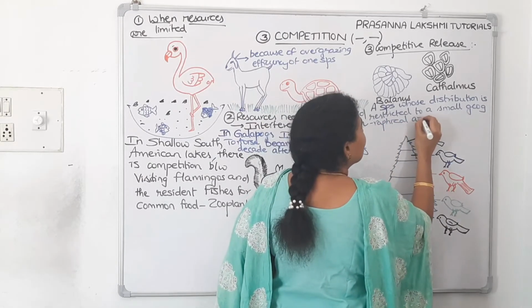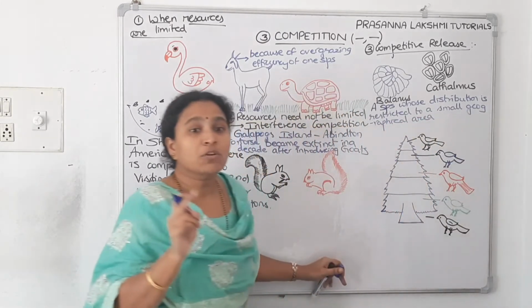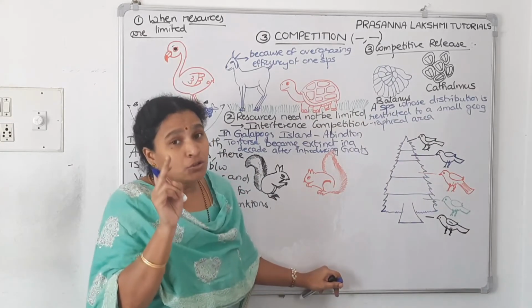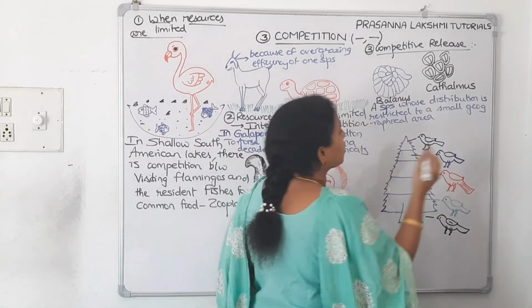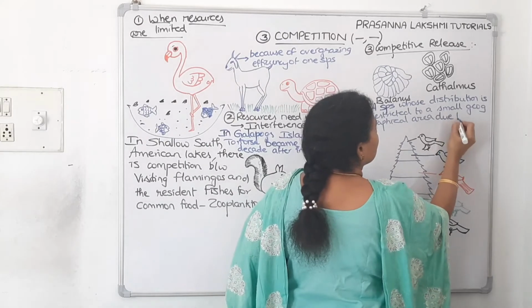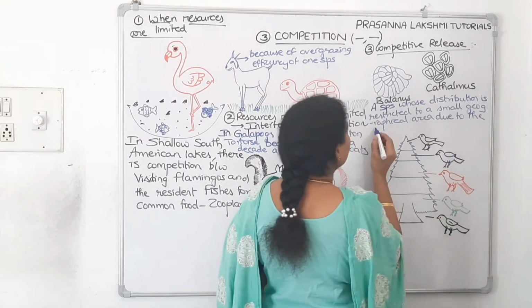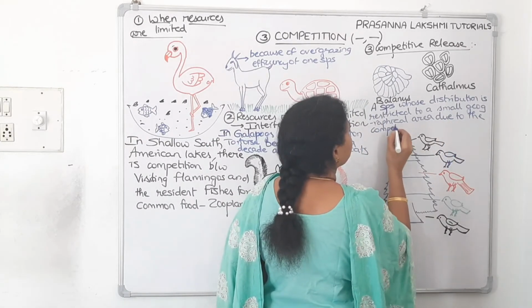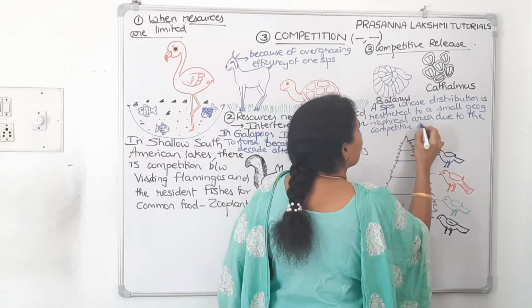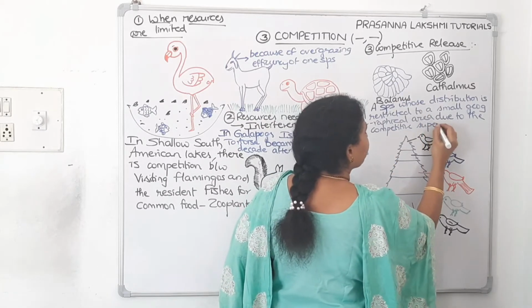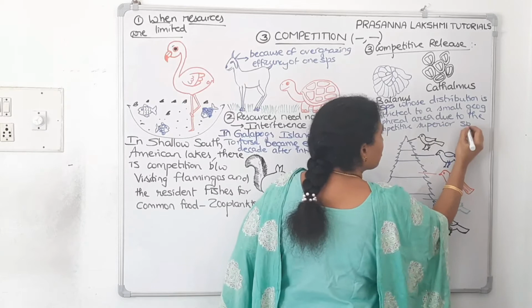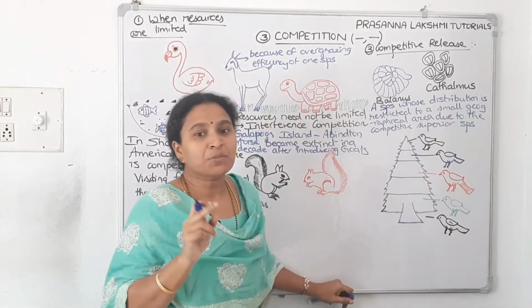So Catalamus species is restricted to a small geographical area due to the competitively superior species, Belanus.